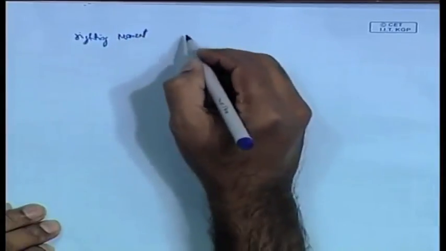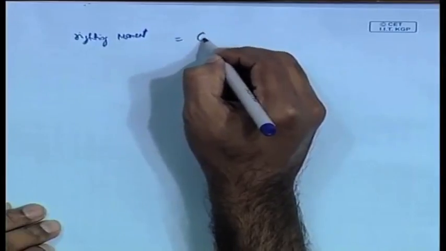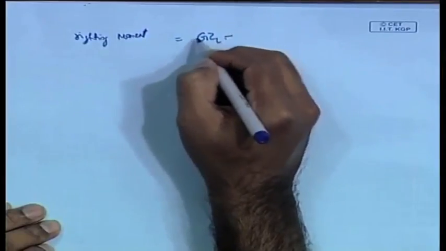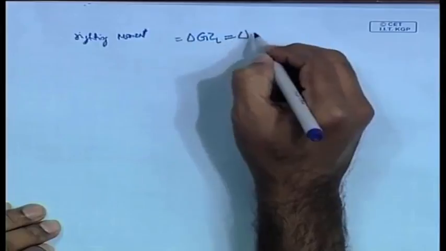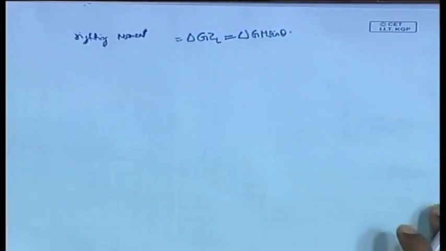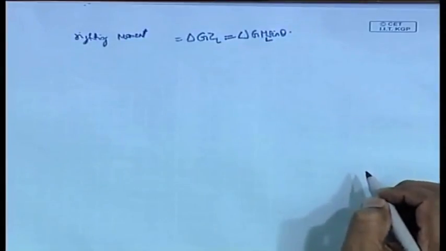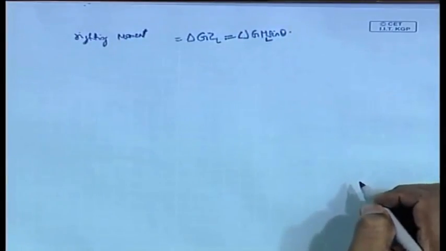So, in this case we get a righting moment which is given by GZL into delta, it is equal to delta into GML sin theta. Now, this is the same formula that you remember for heeling.